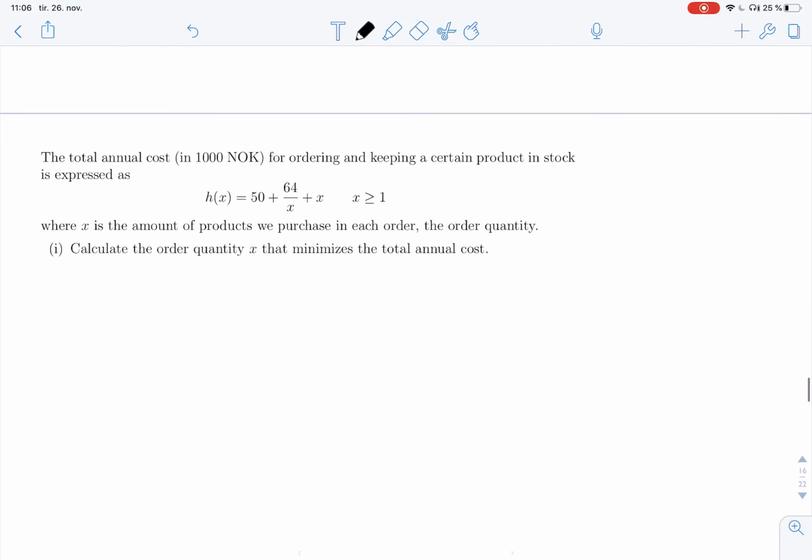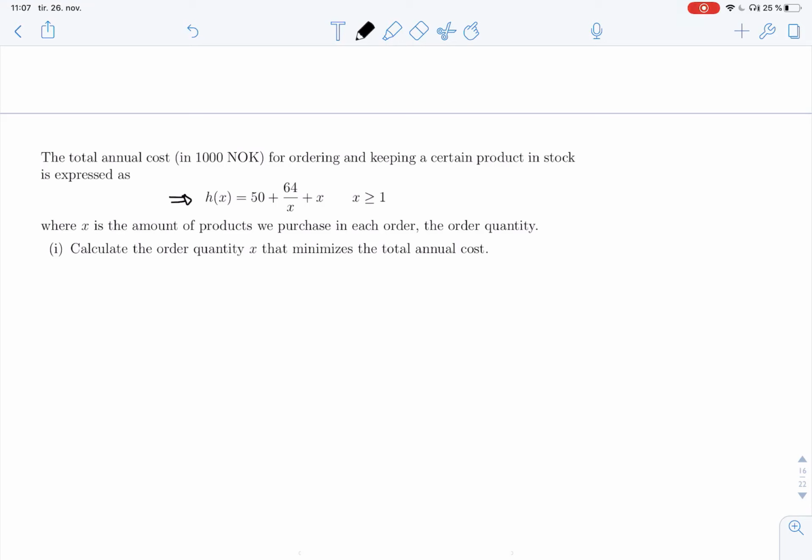Okay, next one, in I. The total annual costs in 1,000 NOK for ordering and keeping a certain product in stock is expressed by this function h, where x is the amount of products we purchase in each order, the order quantity.